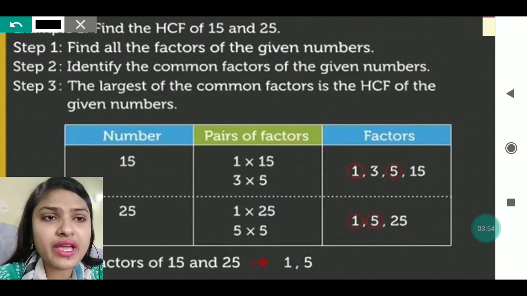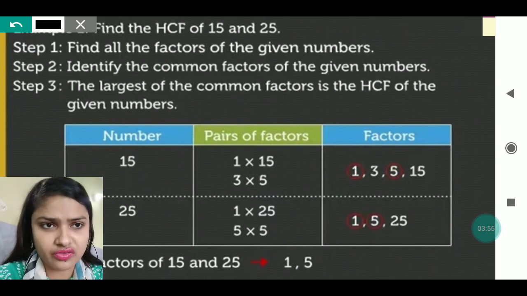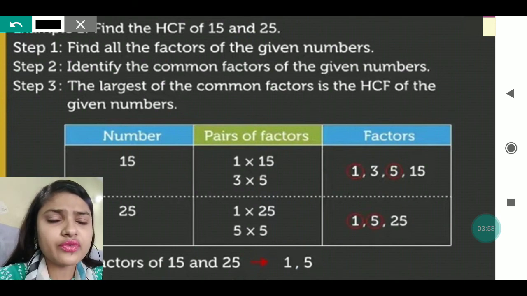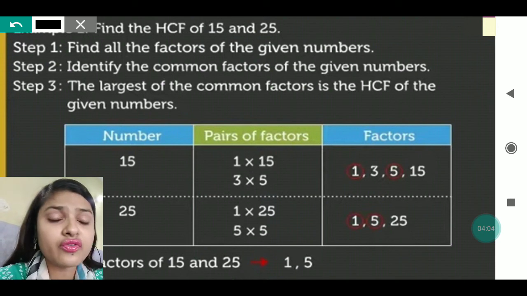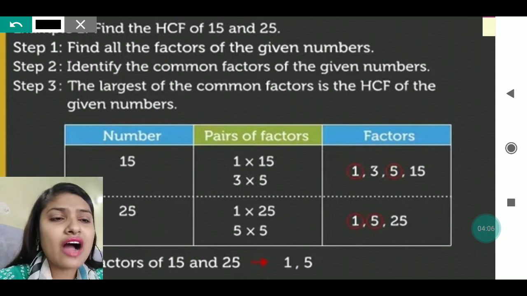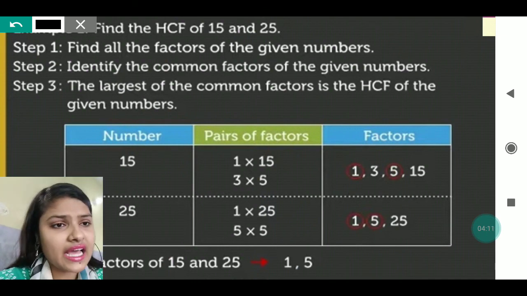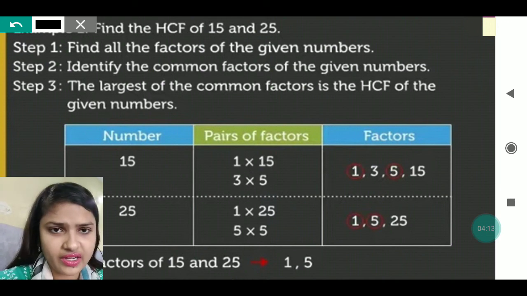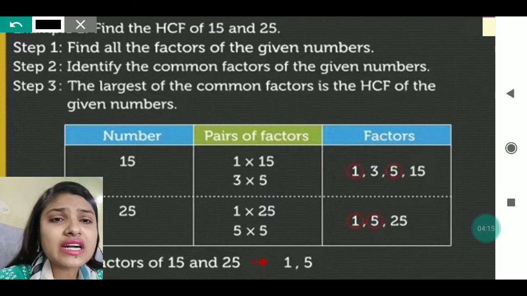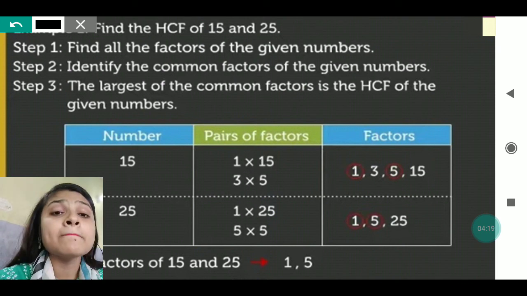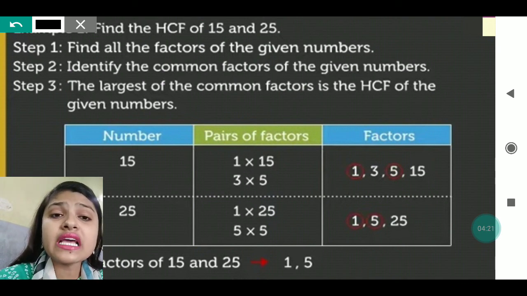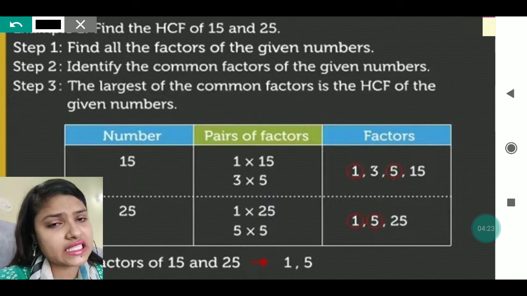I have found the pairs of the factors. What are the factors of these? 1, 15, 3, 5: all these are factors of 15. 1, 25, 5: all these are factors of 25. So 1, 3, 5 and 15 are factors of 15, and 1, 5 and 25 are the factors of 25. So 4 factors of 15 we have got and 3 factors of 25. But we have to find the highest common factor, that is the HCF.